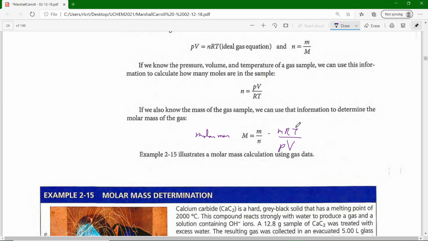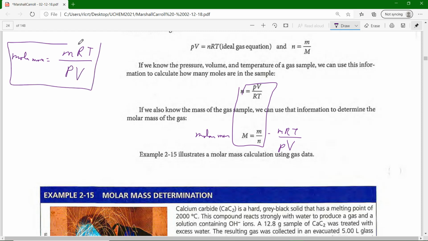Okay, so the molar mass is mRT over PV, combining these two together. Or let's just write it out. Molar mass is the grams, a little m for grams, R is the gas constant, T over pressure times volume.